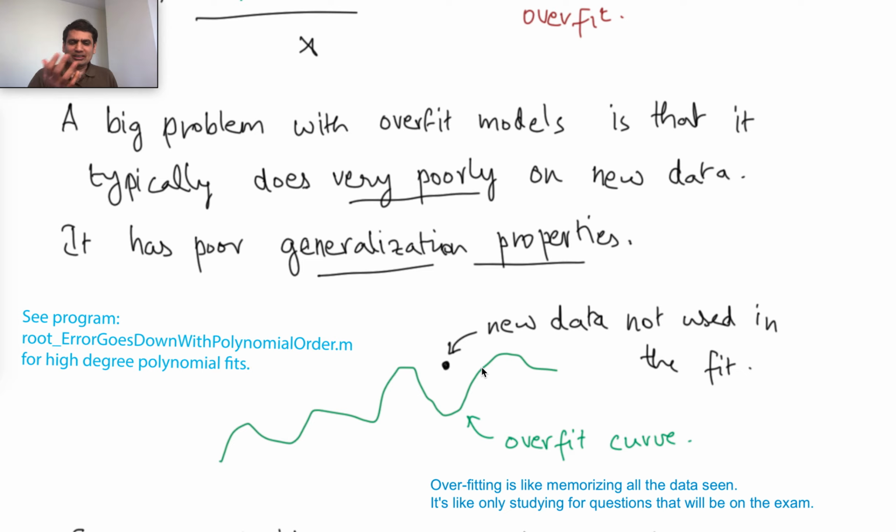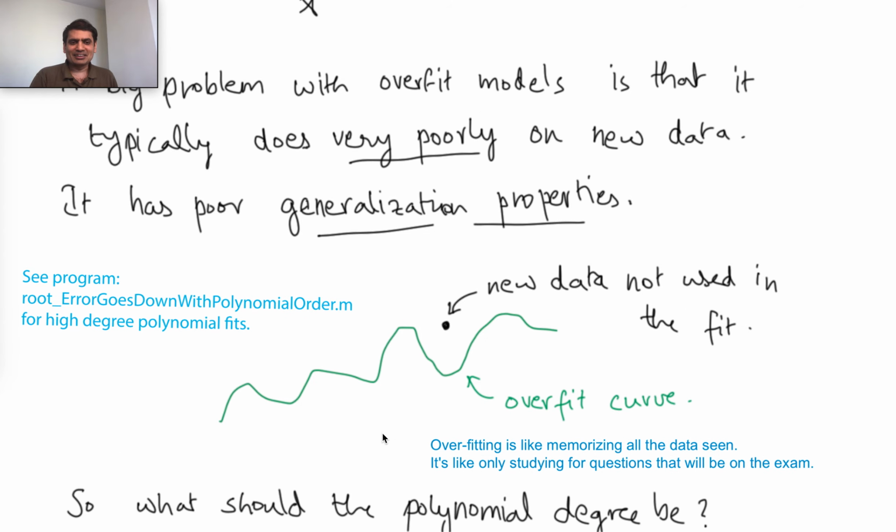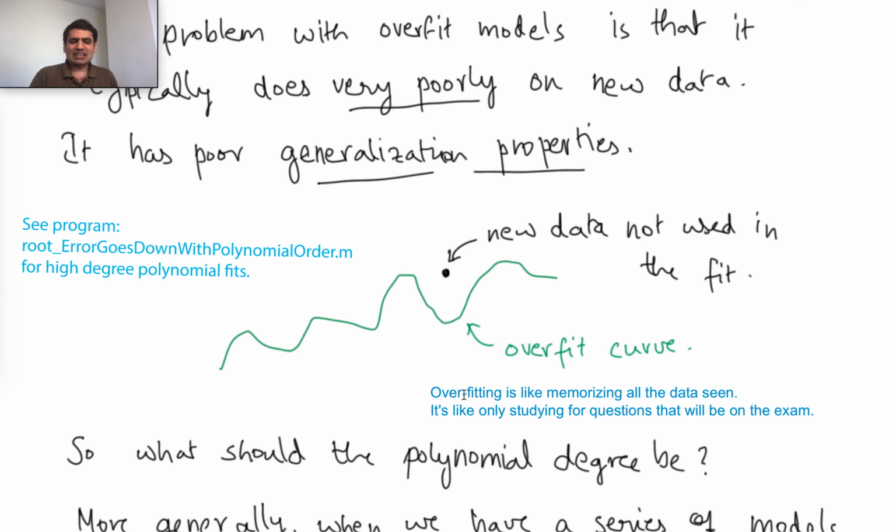The idea of overfitting is related to a number of things that we see in our daily experience. I would say overfitting is as good as memorizing all the data you've seen.